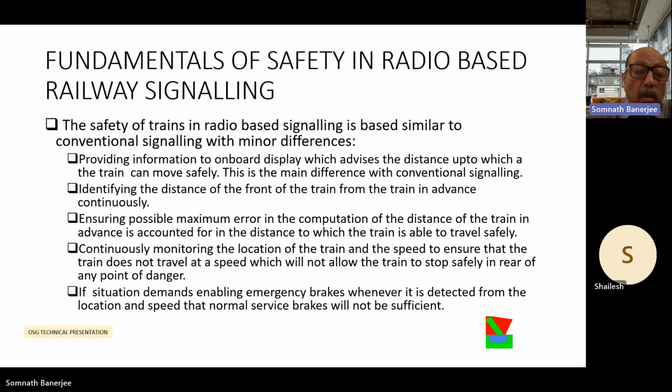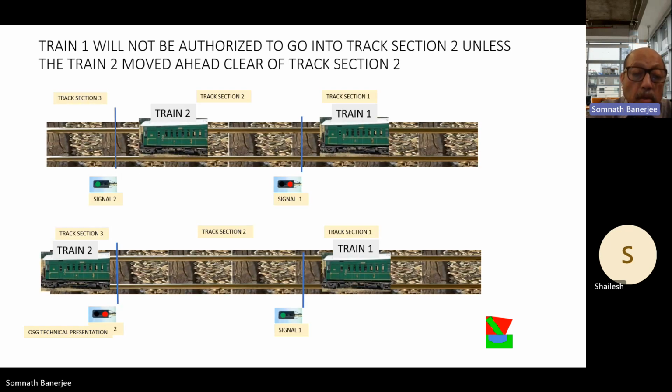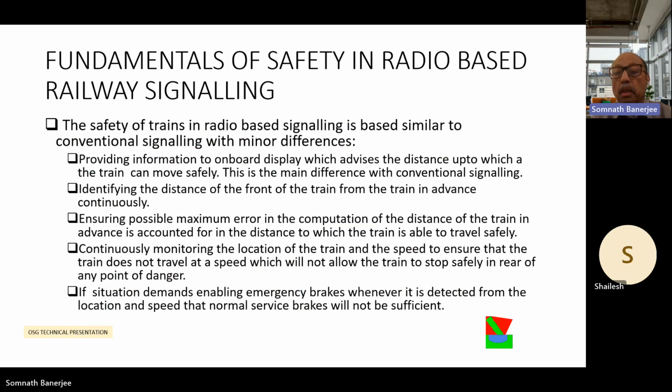Once you have passed a conventional signal, the train is no longer provided with any additional information about the section it is moving in or ahead of it. Whereas in radio signaling, this information is continuously available, and if there is an emergency, the distance that it can safely travel can even be reduced.